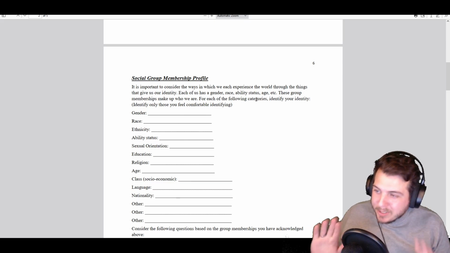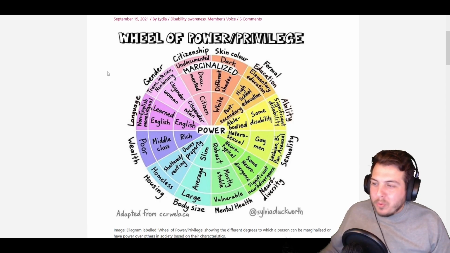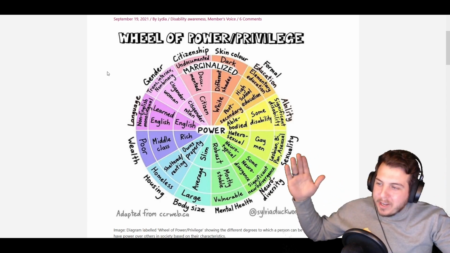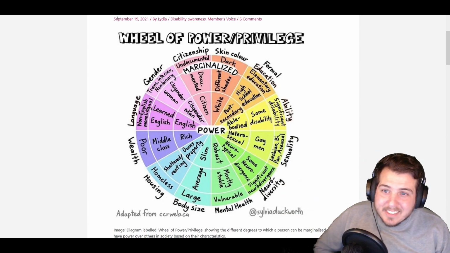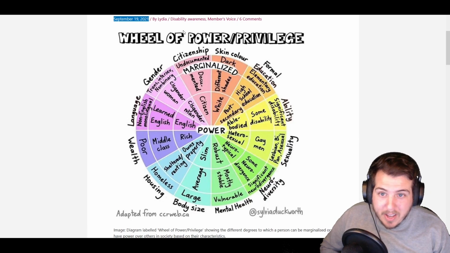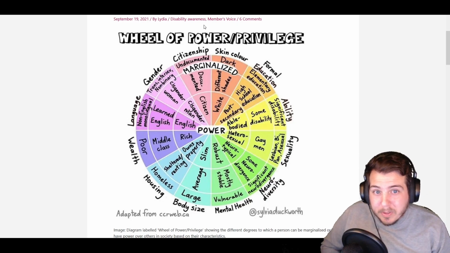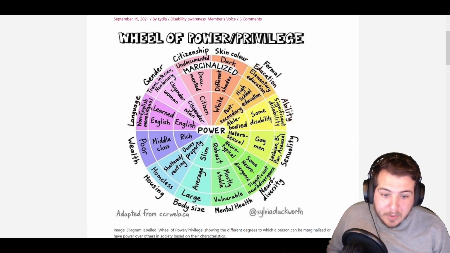But the best one that I saw was they have this, the wheel of power and privilege. Now, this September 19th, 2021, pandemic, I guess somebody had nothing else to do with their time. But this is the wheel of power and privilege.